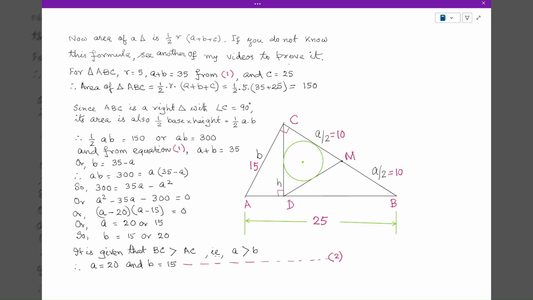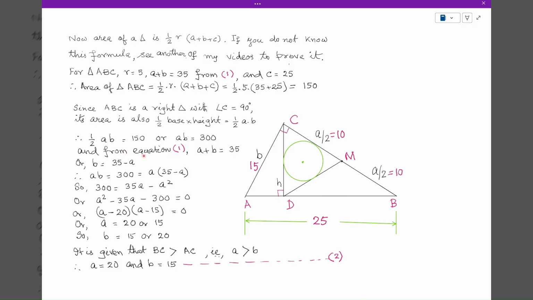Therefore, the area of triangle ABC is half a into b. Now, we have already found out the area is 150. Therefore, half a multiplied by b is equal to 150, or ab is equal to 300.